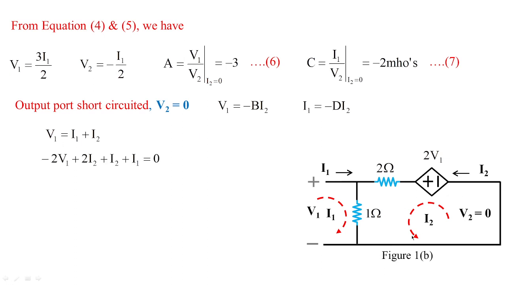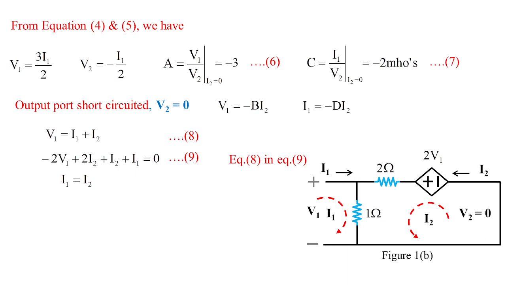Also, from the anti-clockwise direction, I have minus 2 V1 plus 2 I2 plus 1 multiplied with I2 plus I1 equal to 0. So equation 8 and equation 9 are framed. Let us employ equation 8 in equation 9. When you substitute equation 8 in equation 9, I get I1 equivalent to I2.